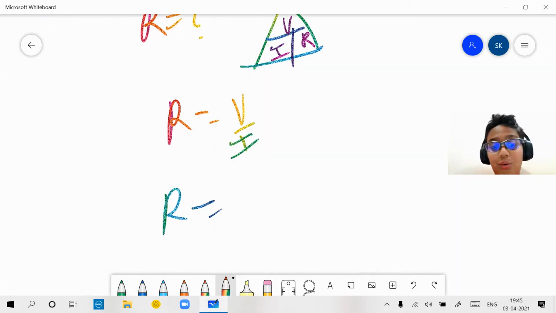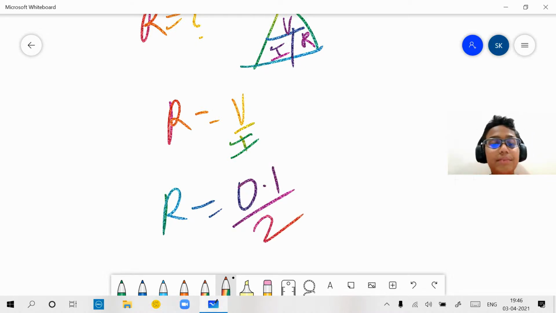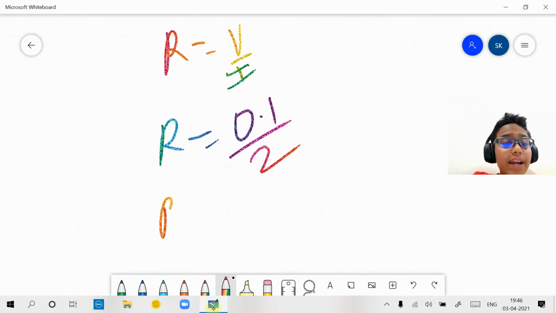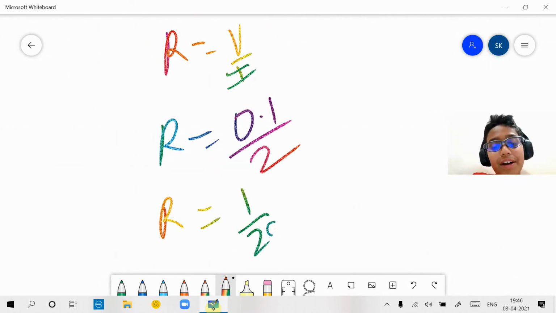So R equals 0.1 by 2. To make it better, we can write 1 by 20 by removing the point and adding a 0 here. So the answer is 1 by 20 ohms.